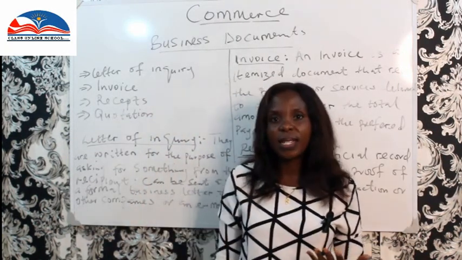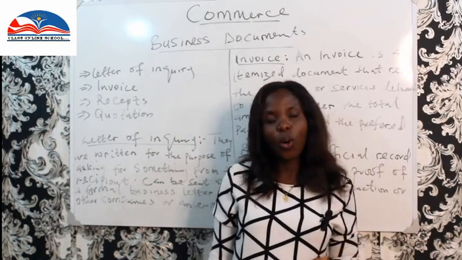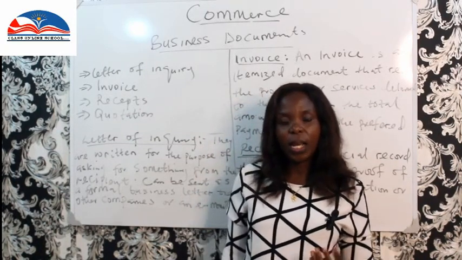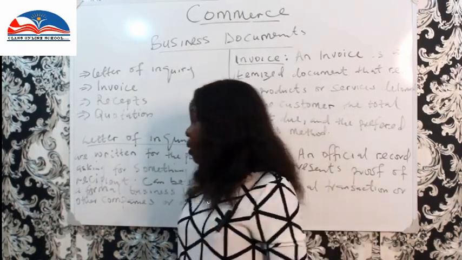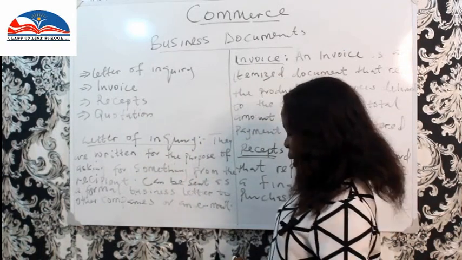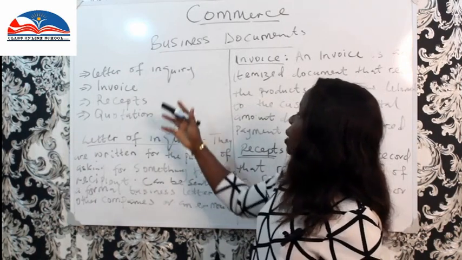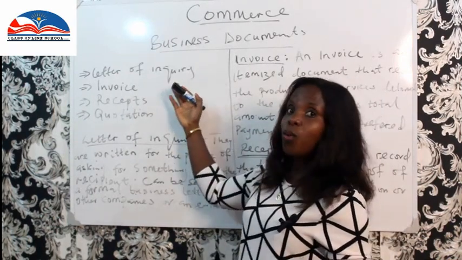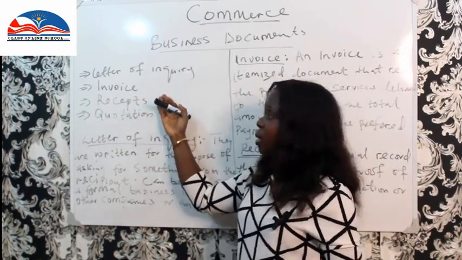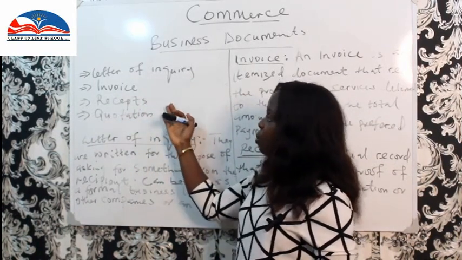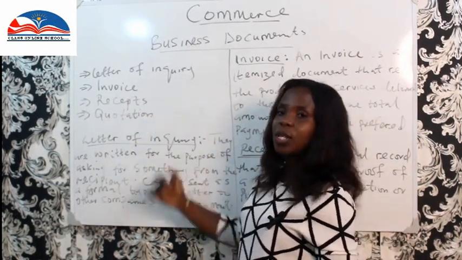It can be sent electronically or manually. So these are some of the business documents that are used in businesses. We've looked at the letter of inquiry. We've looked at the invoice. We've looked at the receipt. And we've looked at the quotation.